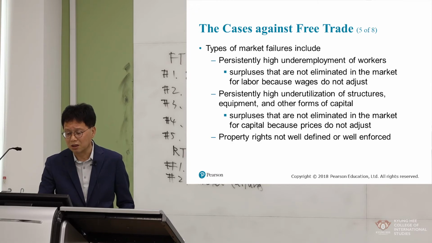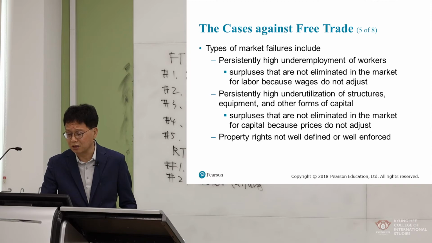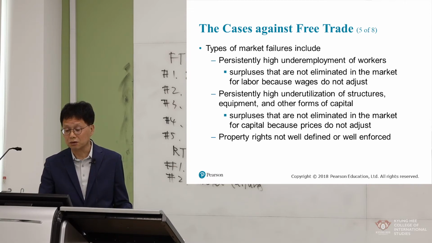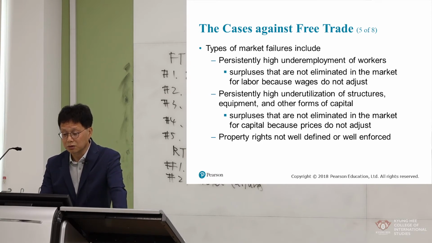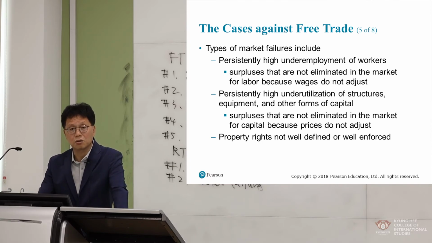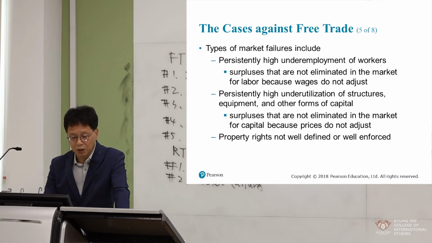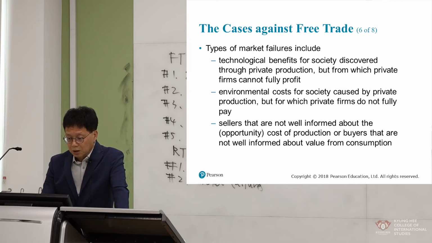And number three type of market failure is property rights not well defined or well enforced, especially in developing countries. Then some firms in developed countries have no reason to produce or innovate some medicine or other things. Okay, so then the market fails. Also, technological benefit for society is discovered through private production, but from which private firms cannot fully profit.